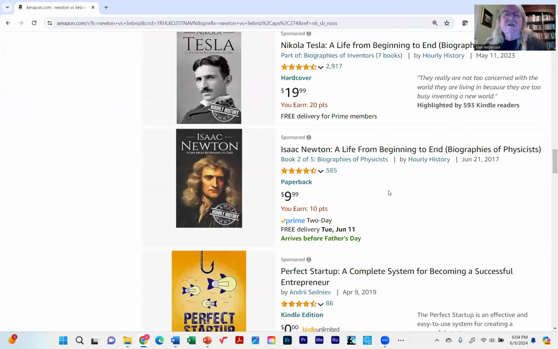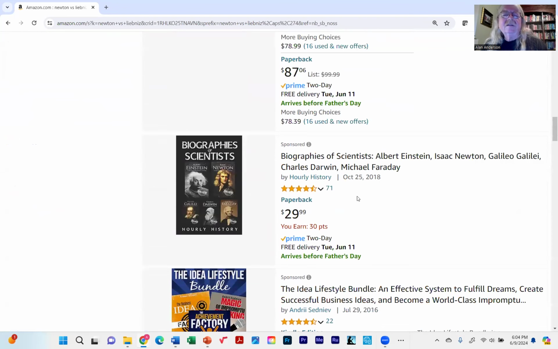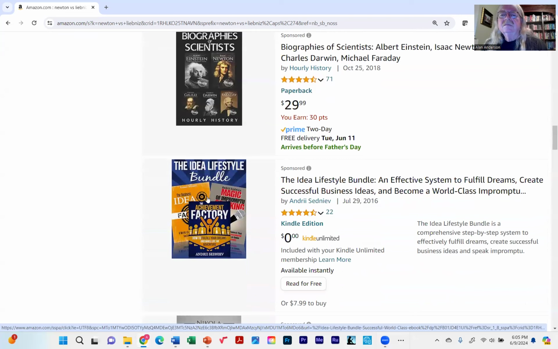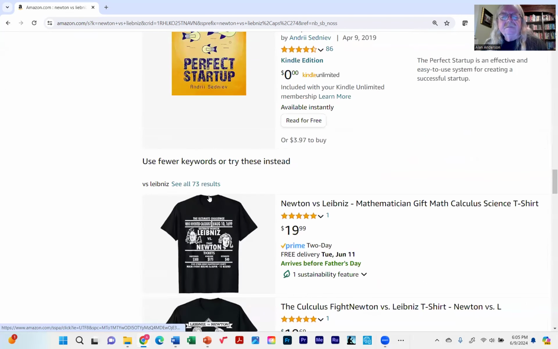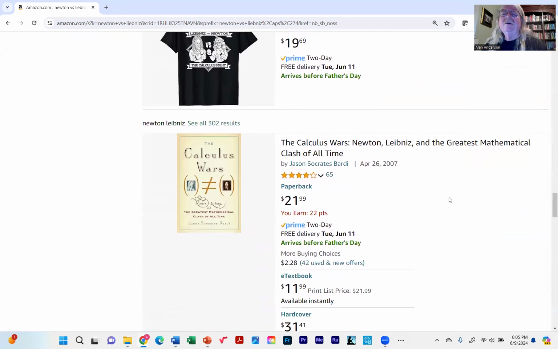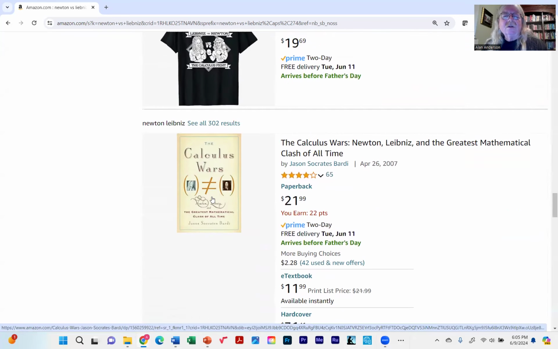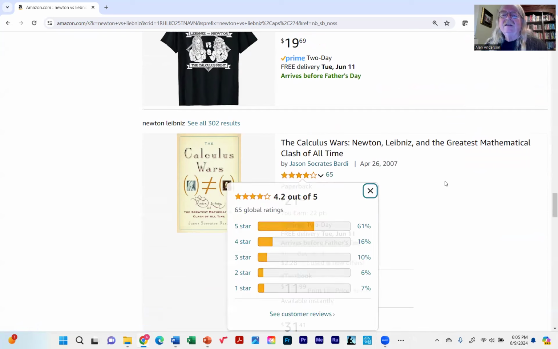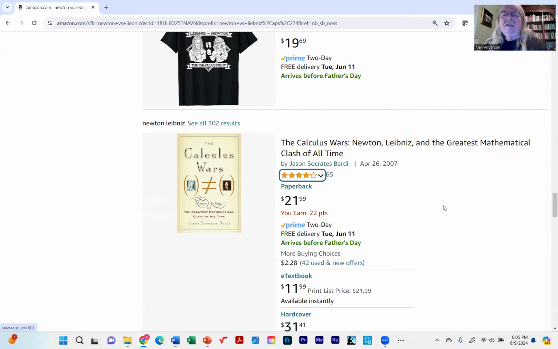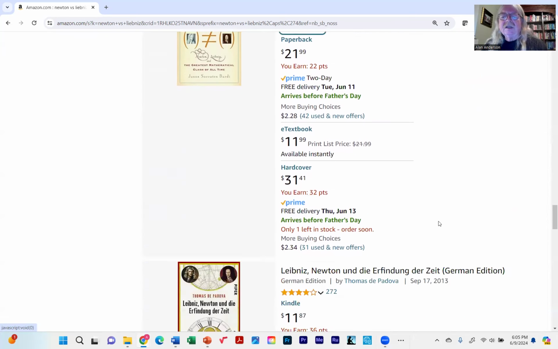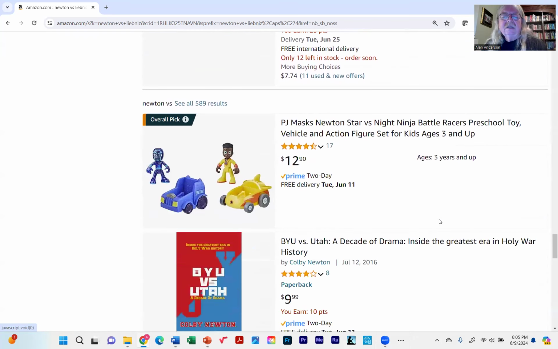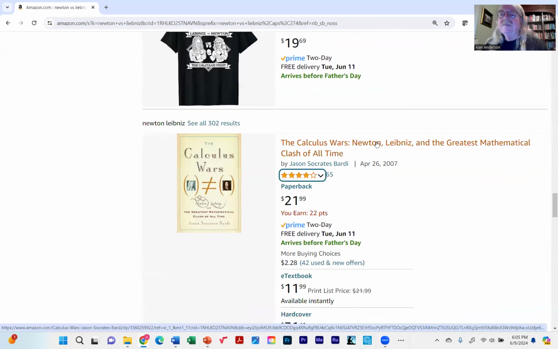You've got biographies of these guys, and most people have never heard of Leibniz. Everyone knows Newton, but there it is. I knew it. I remember having seen that. Calculus Wars, the greatest mathematical clash of all time. Now you can see this got 4 stars, by the way. This kind of book could easily be a bestseller. In fact, I'm sure they sold a lot of copies. Like I said, who would have thought that somebody could make this interesting enough that the public would buy a book like this? But there it is.